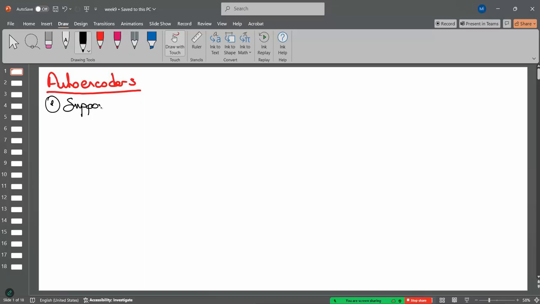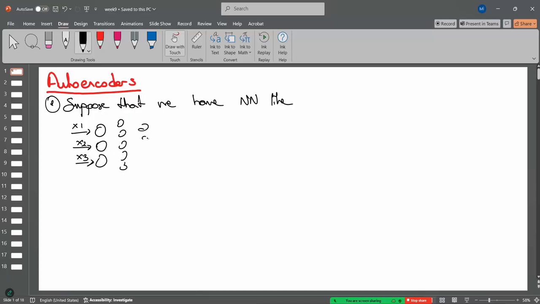Suppose that we have a neural network like this one. For example, X1, X2 and X3 are the input neurons, and these are the hidden layers, just like this one.